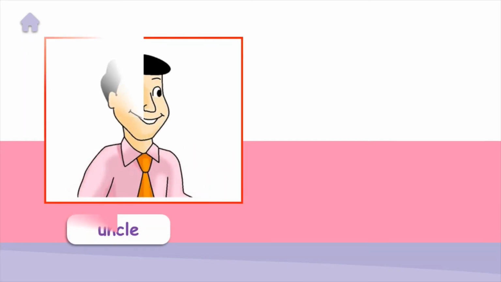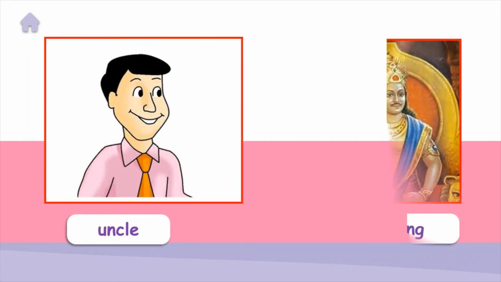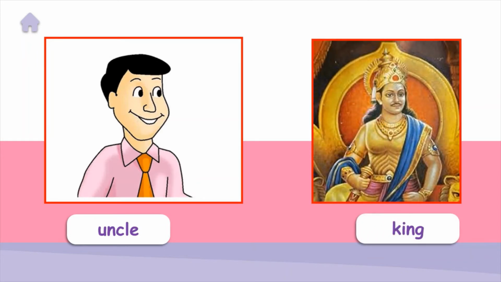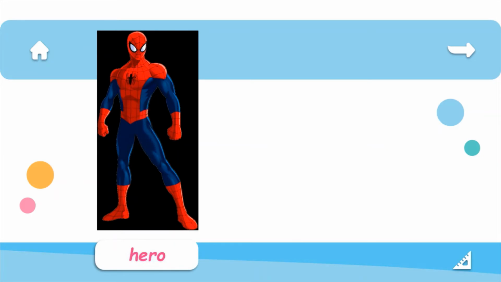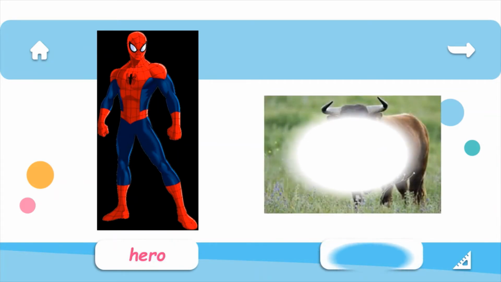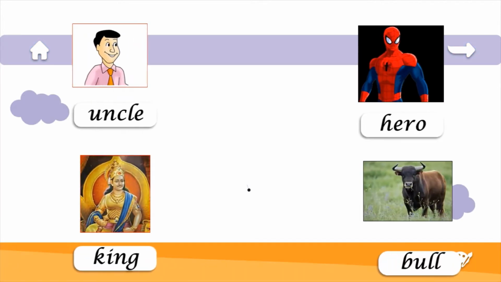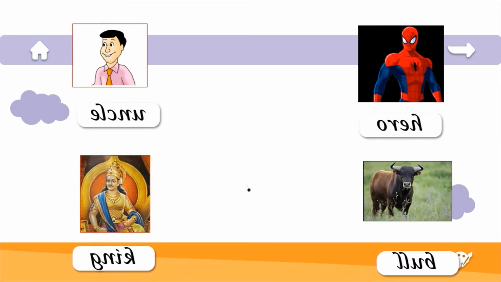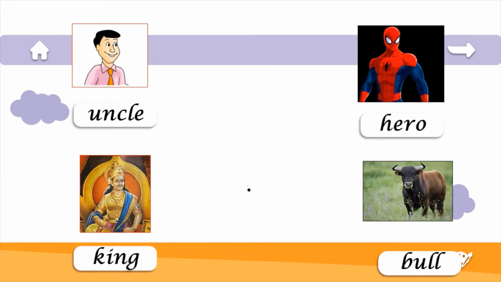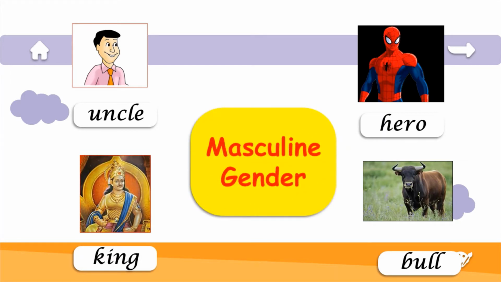Here are some examples: uncle, king, hero, bull. All these nouns, uncle, king, hero, and bull, they are male, and hence we can say that they belong to masculine gender.